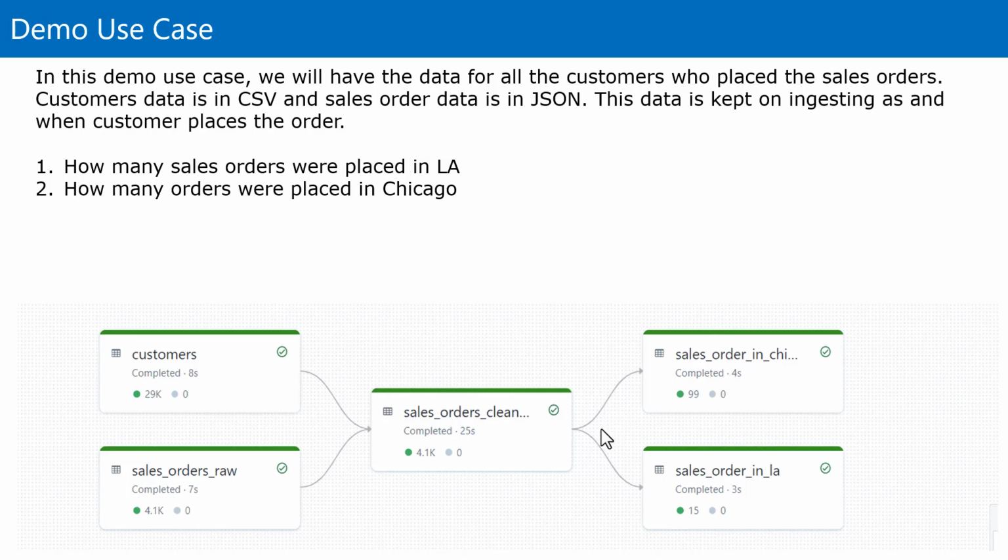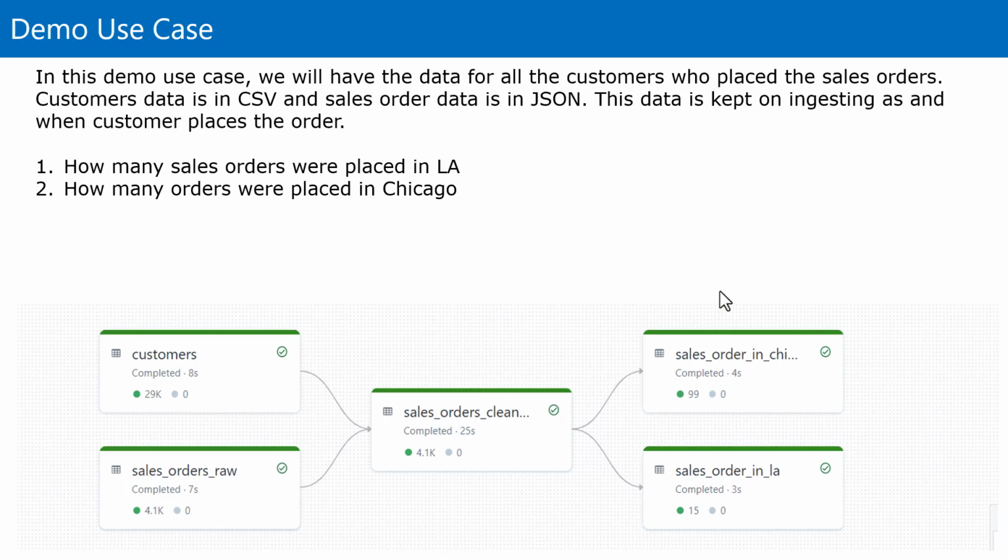We are going to create a Delta Live Table pipeline which will clean this data and produce two different data sets. The first data set will be how many sales orders were placed in LA, and the second data set will be how many orders were placed in Chicago. So this is a Chicago and this is a LA data set.